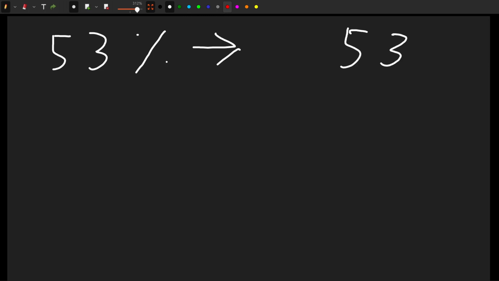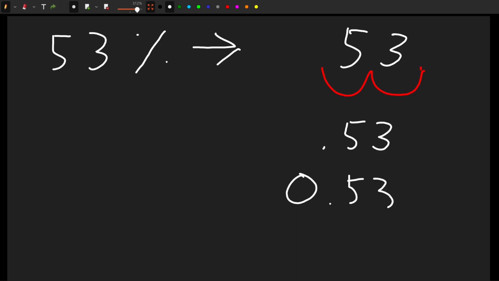So if I have 53%, and I want to convert it to be a decimal, I'm going to write my number out first. I'll have 53. And then keep in mind the decimal is behind the 3. And I'll move this now 2 spots to the left. 1, 2. And so my answer is going to be 0.53. Or you can say it as .53. Personally, I prefer 0.53.